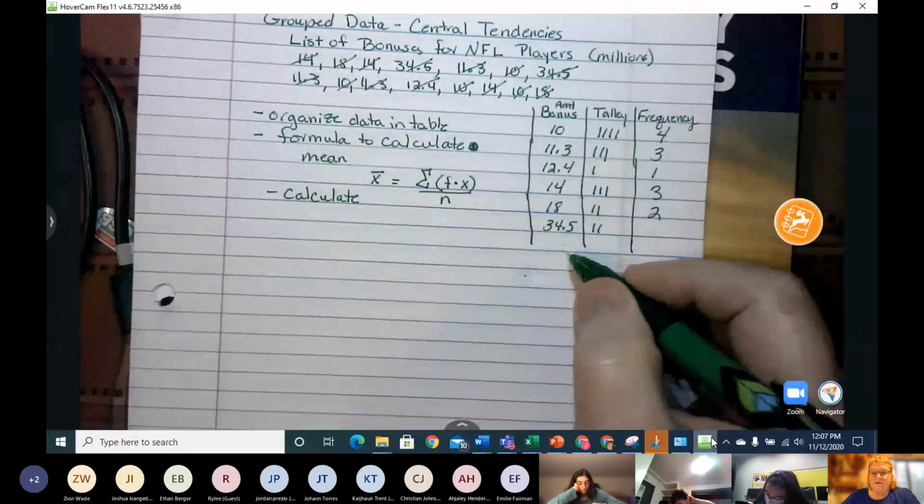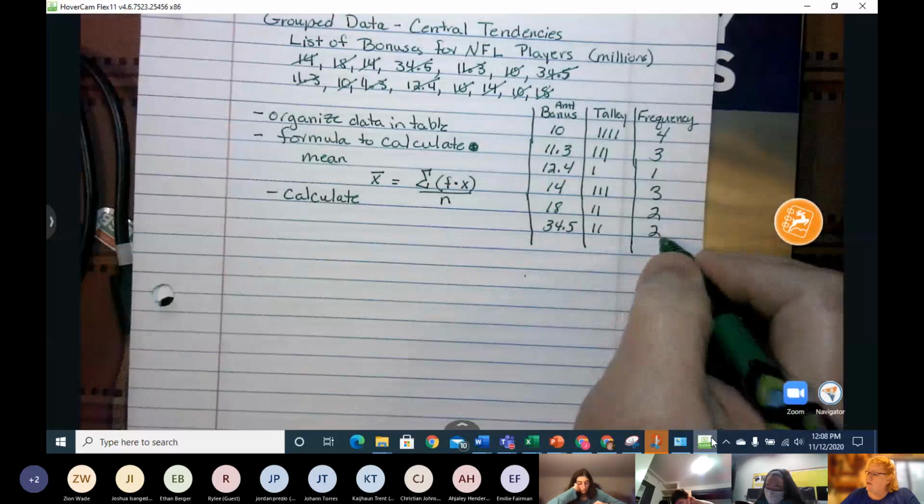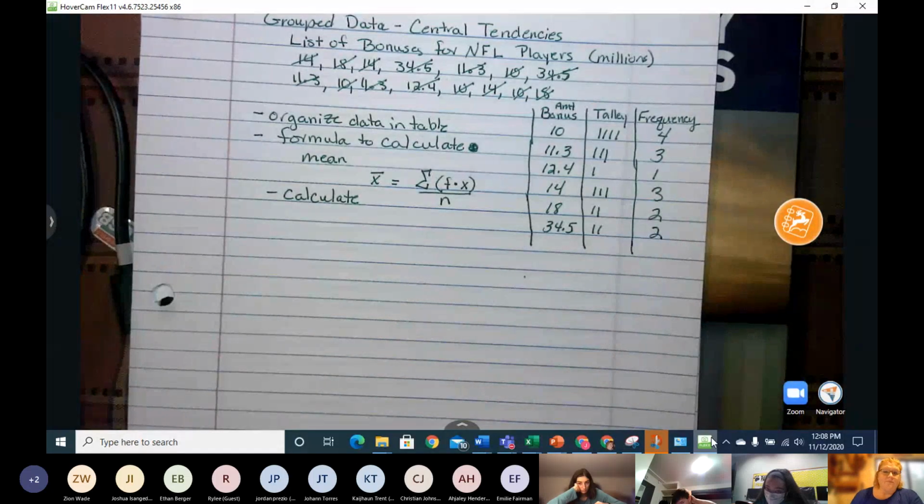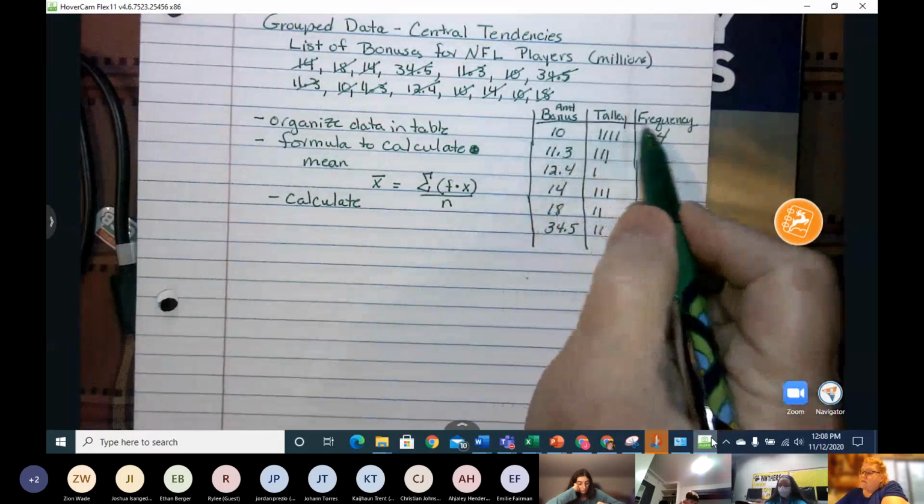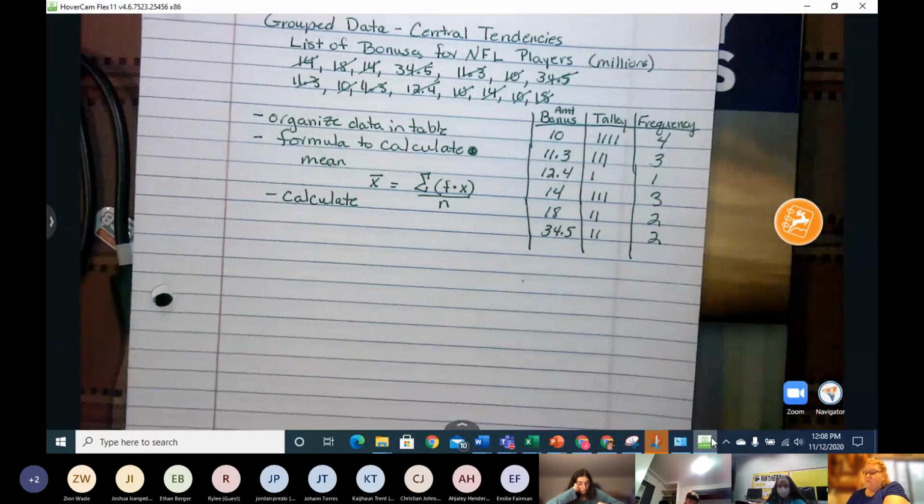And then we had 2 exceptional players who got the $34.5 million bonus. So that is just a quick little review of how you do a frequency table.